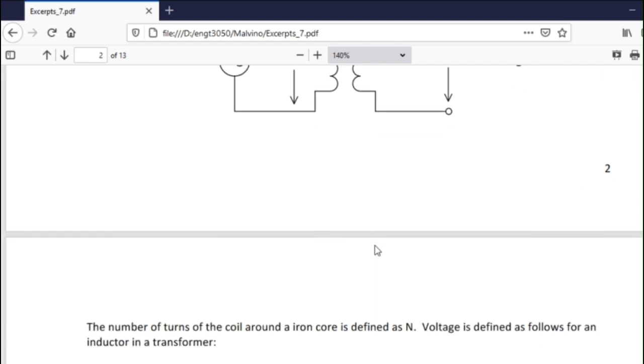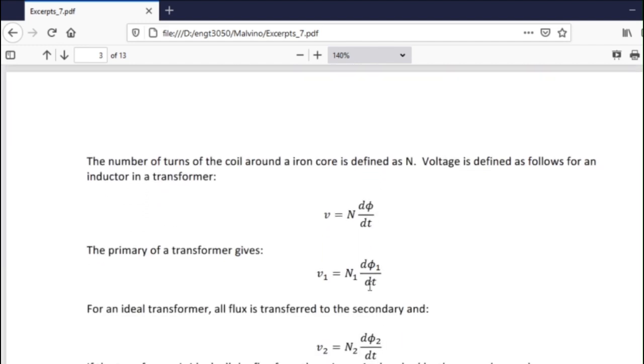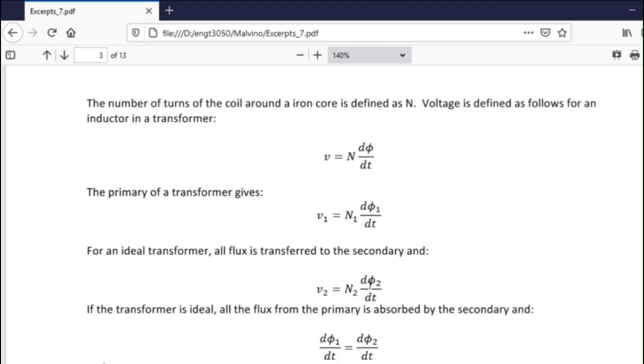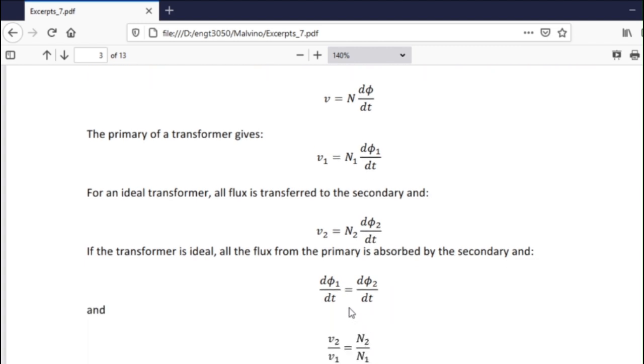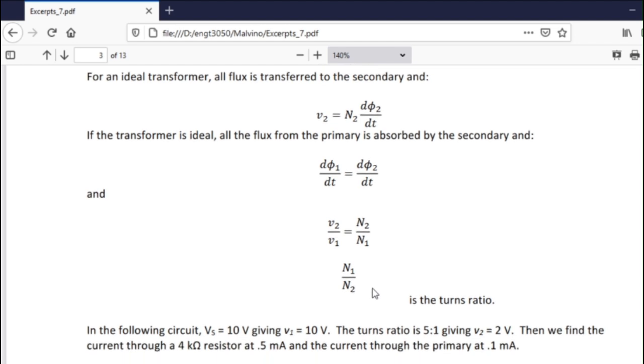So we go through this dΦ/dt term, and we come up with the idea that the flux on the one side is equal to the flux on the other, so the change in flux on the one is equal to the change on the other if there are no losses, and there always are, but we pretend that there's not. So we come up with this idea of a turns ratio, where V2 over V1 is the turns ratio of N2 over N1.